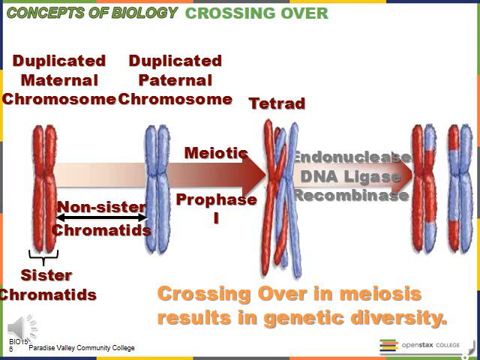So just know that you go from the prophase 1 is the crossover, metaphase 1 is the recombinant, assorted recombinant genes. And so you can see here where they've switched little legs of each end and flip-flopped them. So this is crossing over in meiosis and results in the genetic diversity.